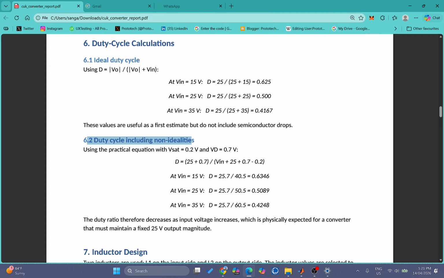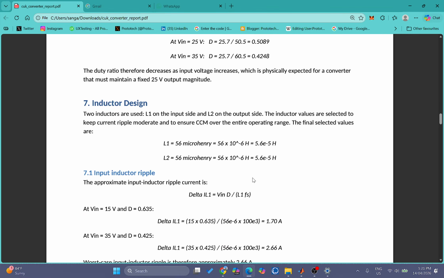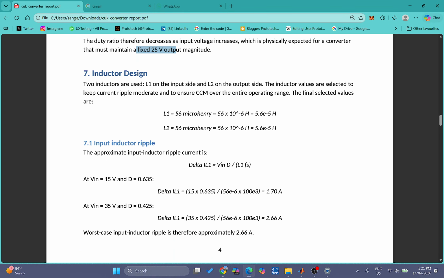Using that, at input voltage of 15 volt, we are getting the duty cycle of 0.6346. At 35 volt, the duty cycle is 0.4248. Using this duty cycle, we can then fix the output at 25 volt.